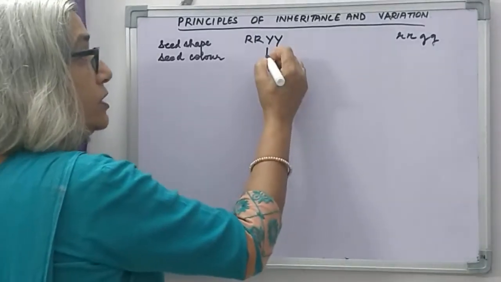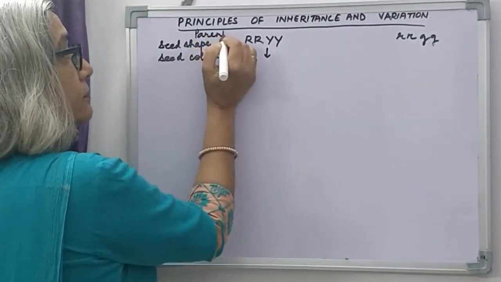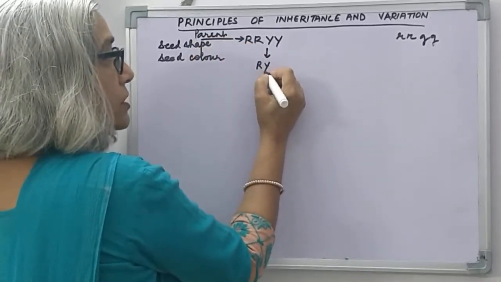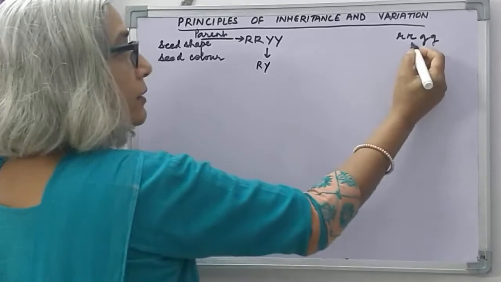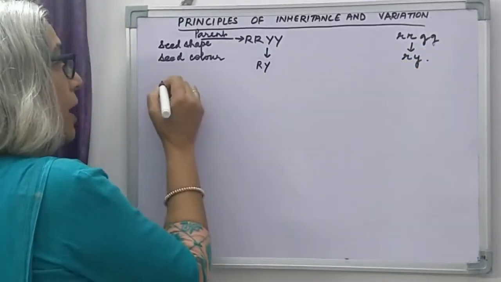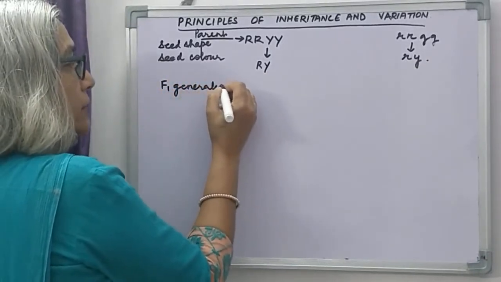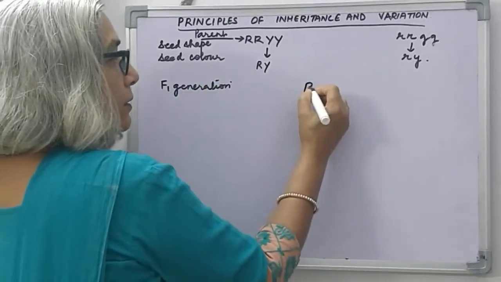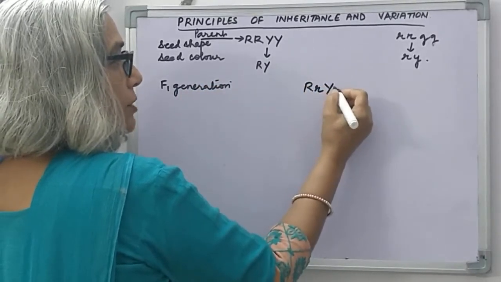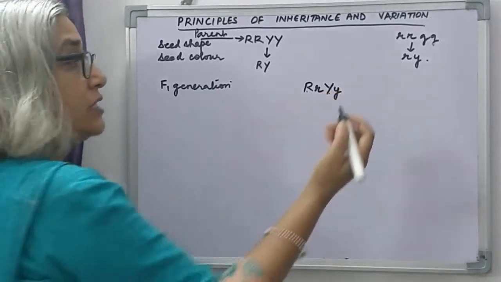So the gametes which are formed from this parent will be RY. The gamete formed from the other parent will be small r, small y. Now in the F1 generation, when the gametes combine, the plant will be capital R, small r, capital Y, small y, which means the dominant character will be expressed.